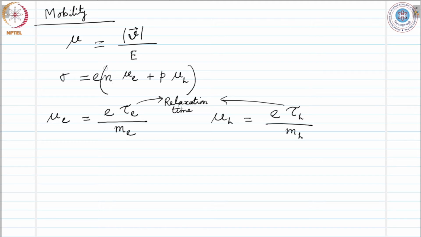Now, if we have impurity in the semiconductor, then we have a completely different kind of picture. If we consider silicon, silicon has 4 coordinations. It's a 3-dimensional structure. If we have one silicon atom here, then it is coordinated with one atom here, one atom here, one atom here, and one atom out of this plane, somewhere say here.